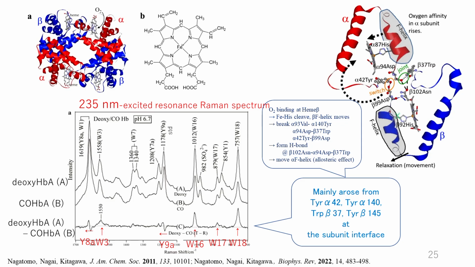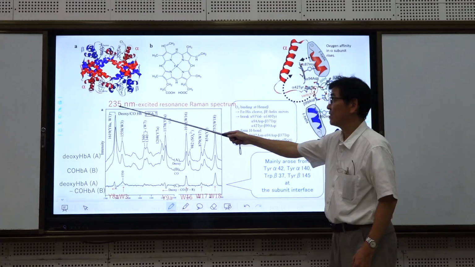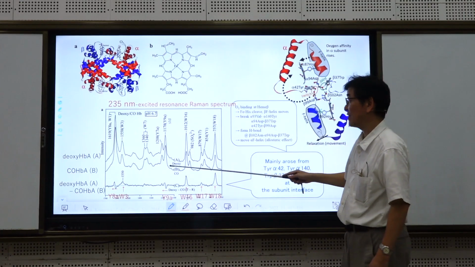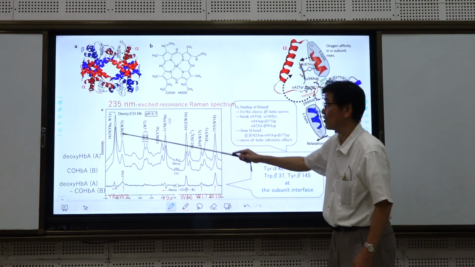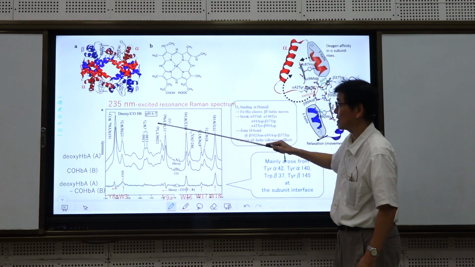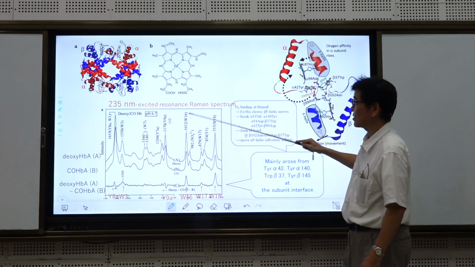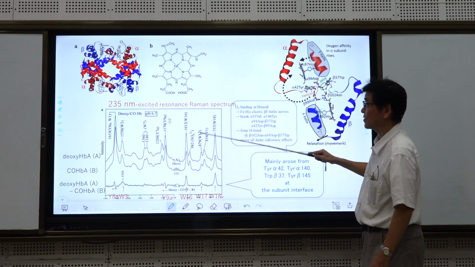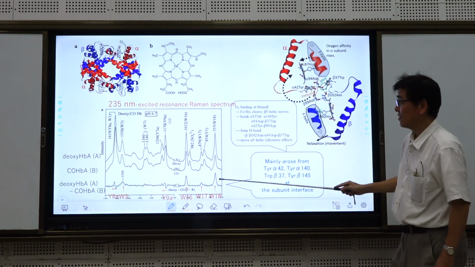Okay, this is the last slide. They measured a 35 nanometer excited laser Raman spectrum, and they selectively detected the signals of tryptophan, tyrosine, tryptophan, tryptophan.